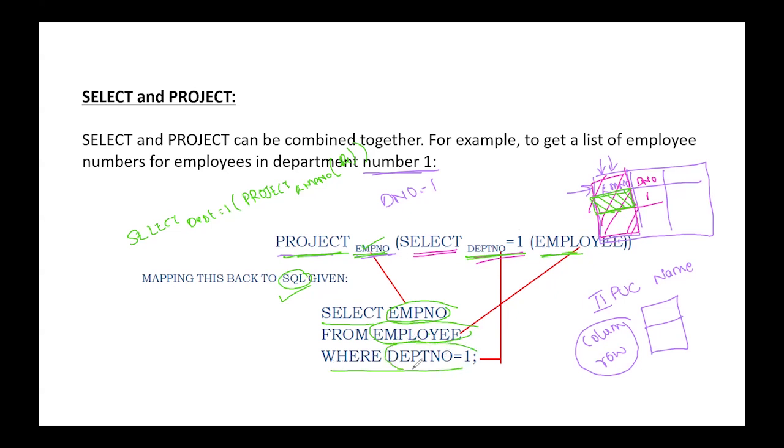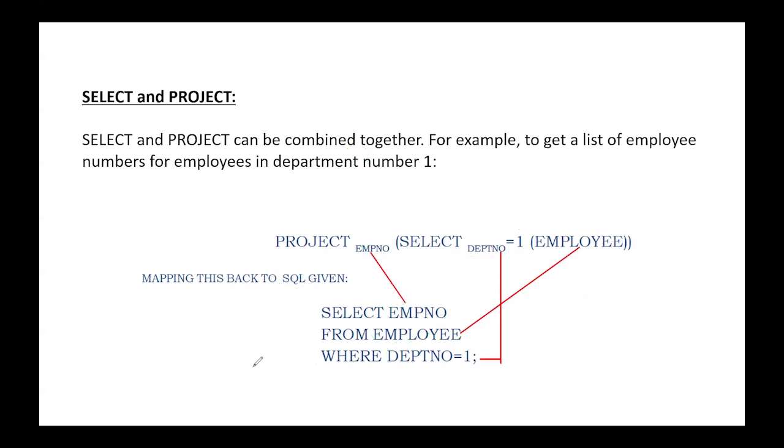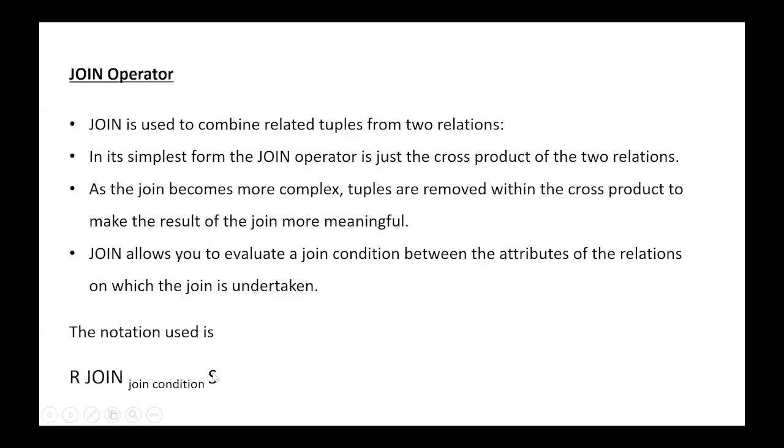Where department number is equal to 1 is nothing but I am putting a select operation. Okay, that condition saying that department number should be 1. So this is how we will write in SQL. Right? So this is how we will do the select and project operation together.